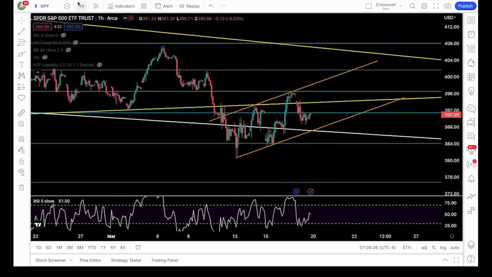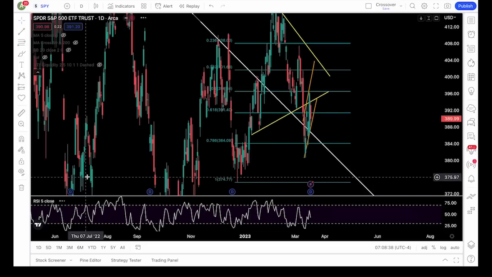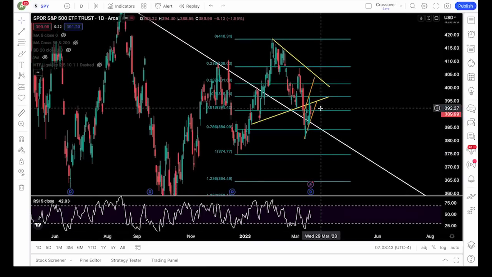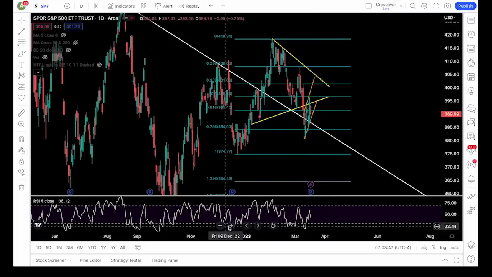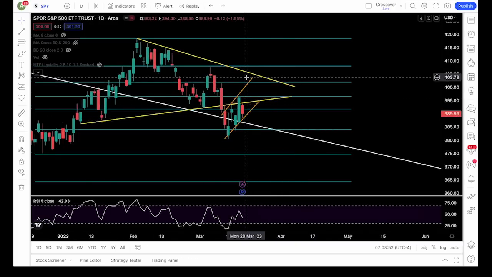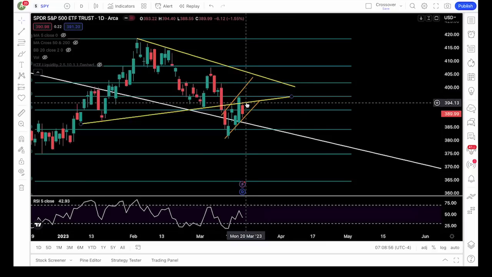Now if I zoom back out to the daily chart, I still have that 61.8 fib level at 391.4. Market closed below that level on Friday. So if we want to get bullish here and test the top of the range, it's going to have to recapture 391.4. And of course, I got that yellow trend line right here.